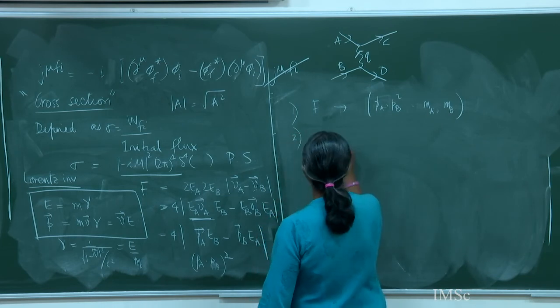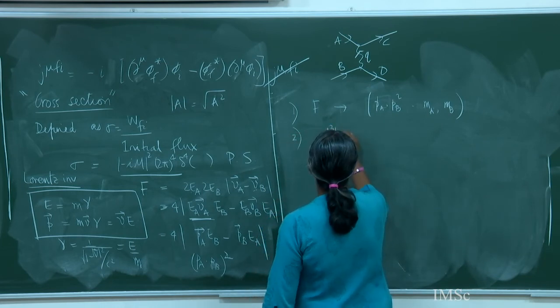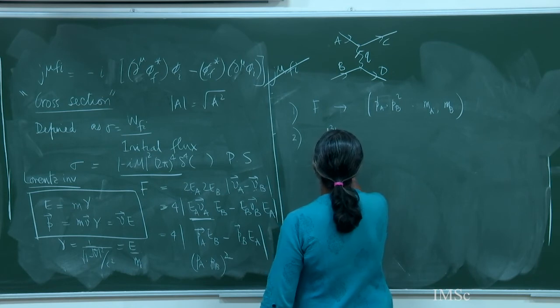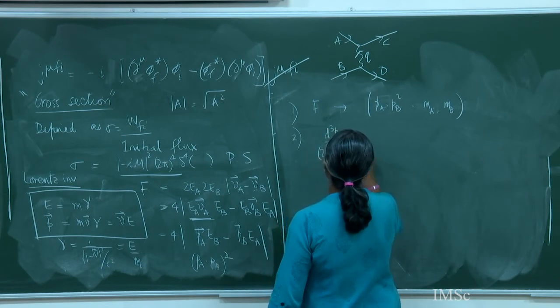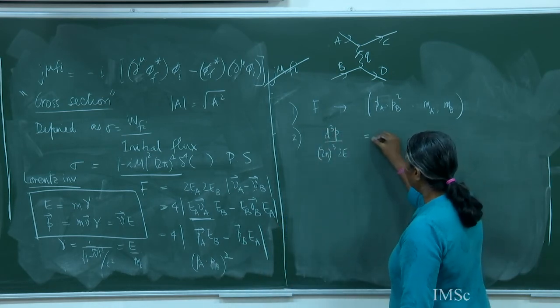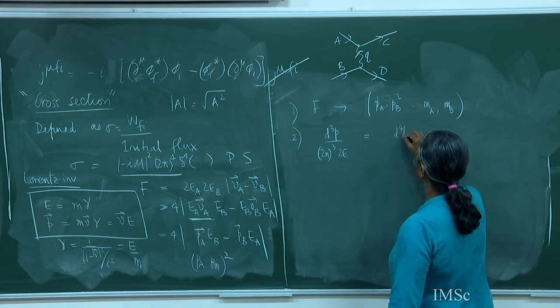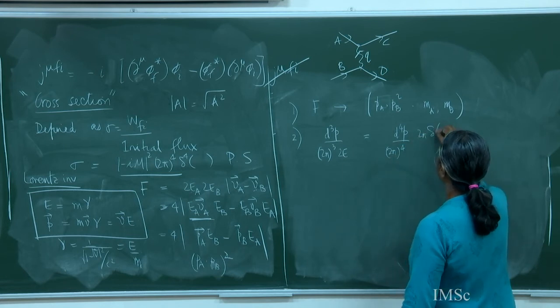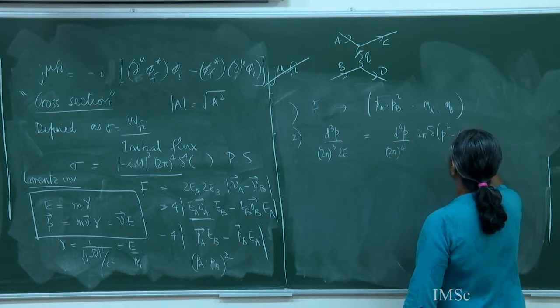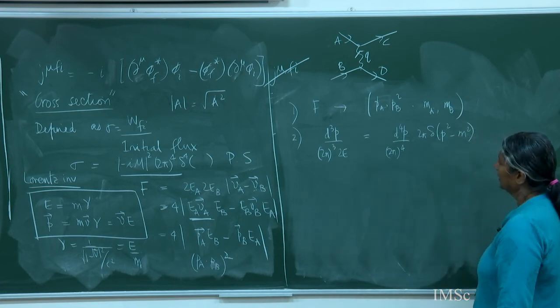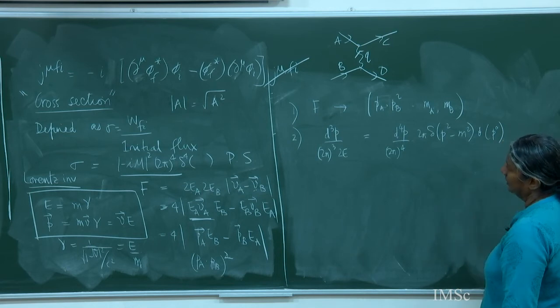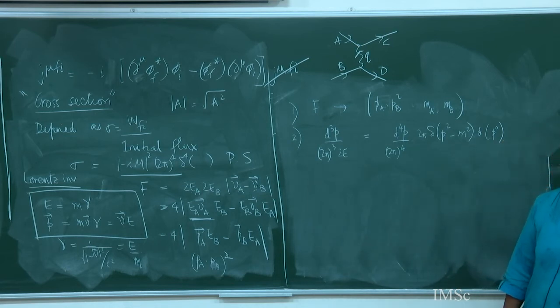Now here what I want you to do is take d cube P over 2 pi cubed, which is of course a constant, over 2E, and I will give you a hint. You can write this as d4p by 2 pi to the power 4 into 2 pi delta of p squared minus m squared times theta of p naught. I want you to show this.